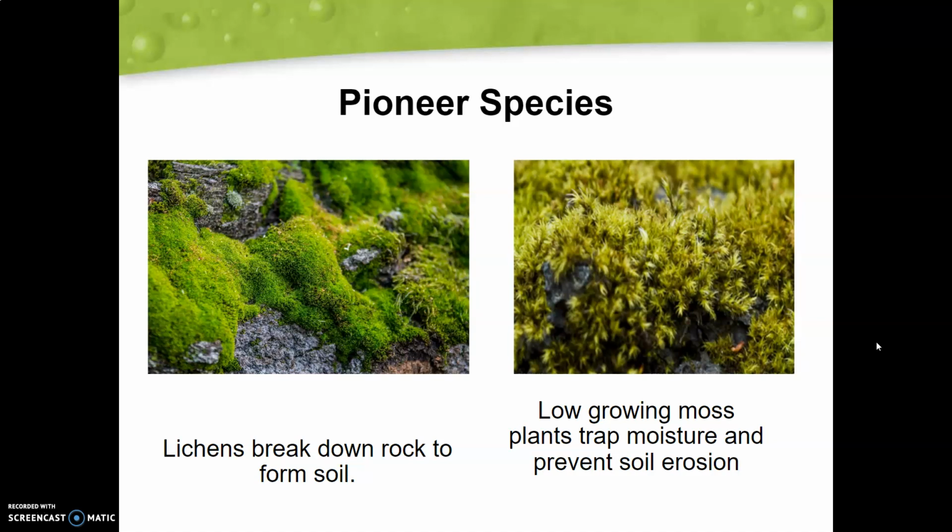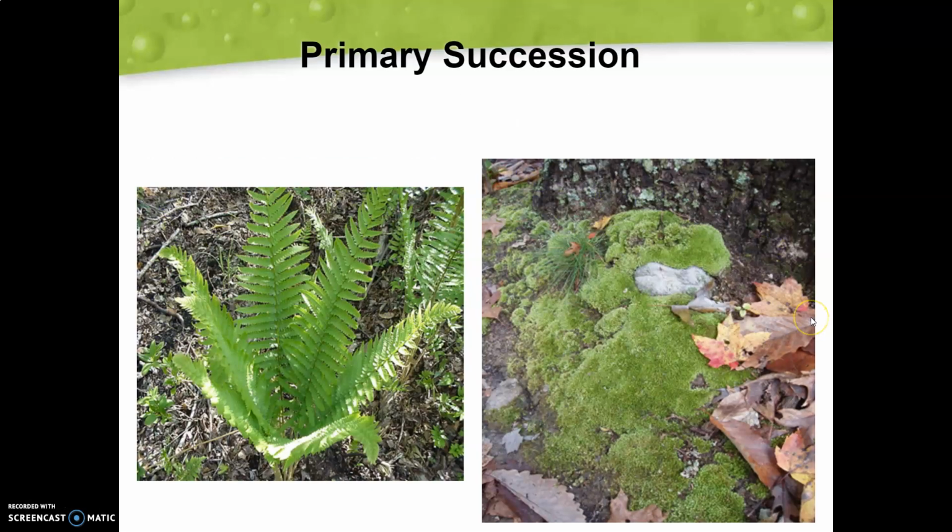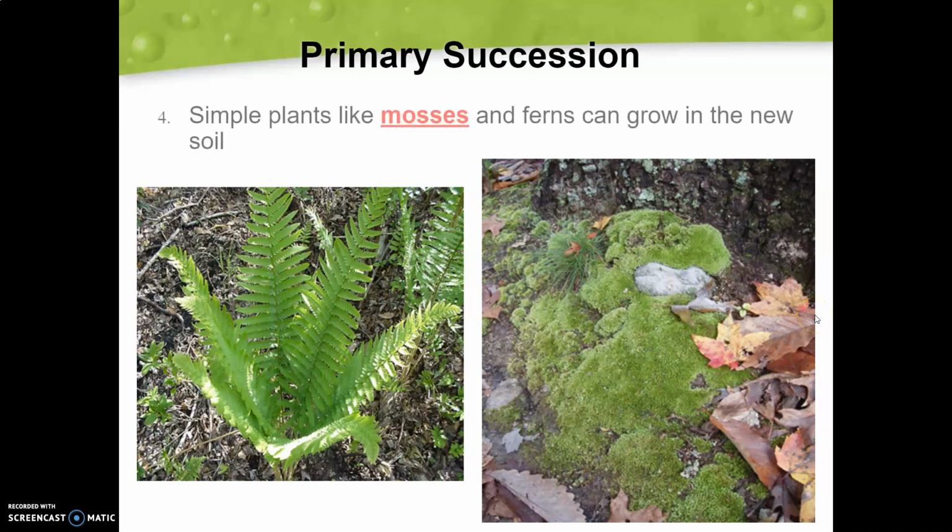Here are two examples of pioneer species that you might have heard of before. Our first one is lichens here on this rock. And then we also talk about moss, which helps plants trap moisture and prevent erosion. So those are two important species. For primary succession, simple plants like mosses and ferns are going to be growing in that new soil.